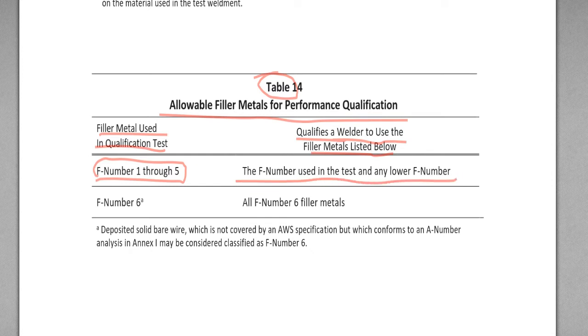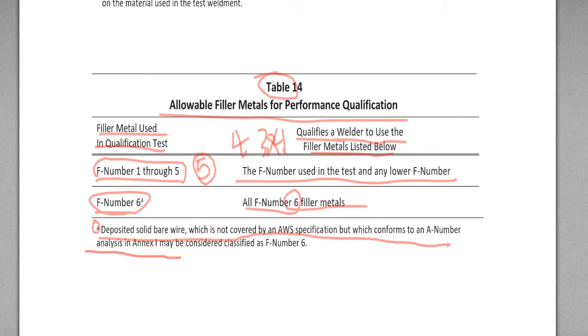For example, if you used F number 5 filler metal, you can use F number 4, 3, 2, 1; F number 2 does not exist. And if you used F number 6, then you are qualified only for F number 6. Note A: deposited solid bare wire which is not covered by an AWS specification but which conforms to the analysis in Annex 1 may be classified as F number 6. So solid bare wire not covered by an AWS specification is considered F number 6.